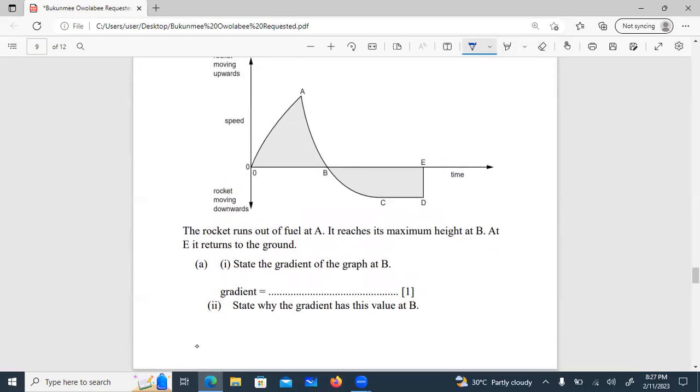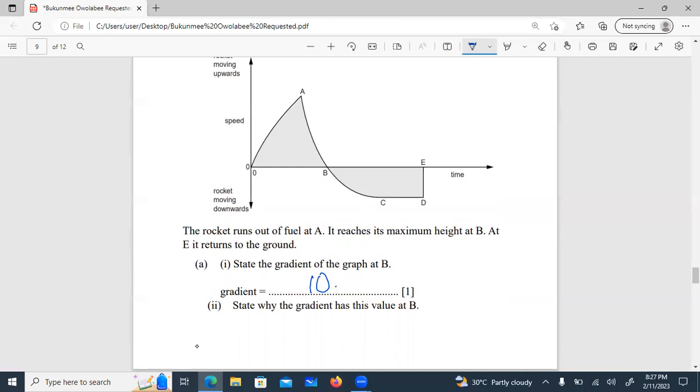So the rocket moves upward, it accelerates upwards, then it begins to decelerate. The speed starts reducing till the speed becomes 0. That's at maximum height. But take note that at maximum height, it is still under the influence of gravitational field strength of the Earth, okay?